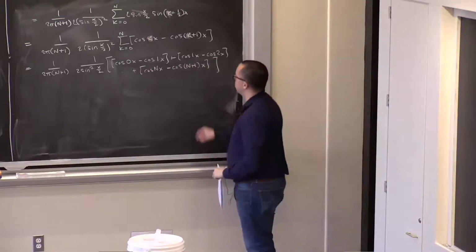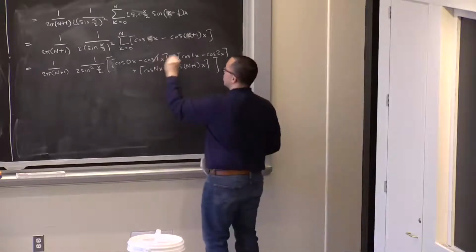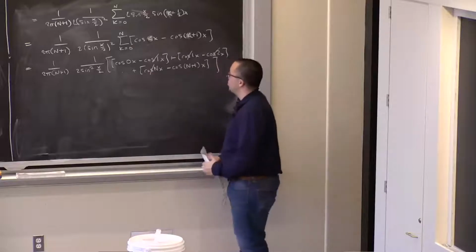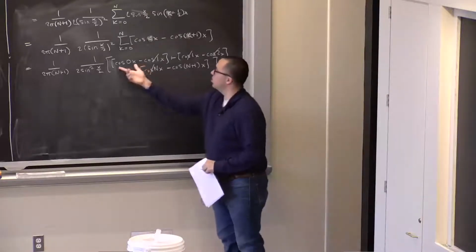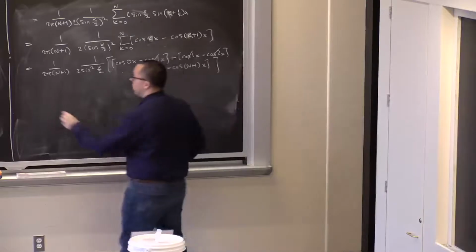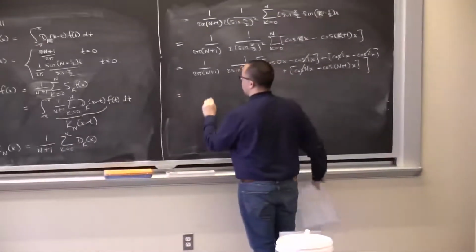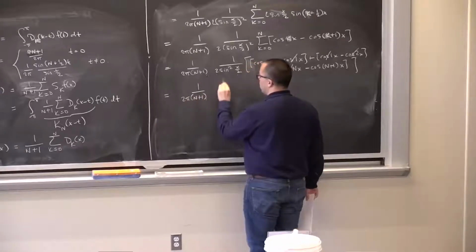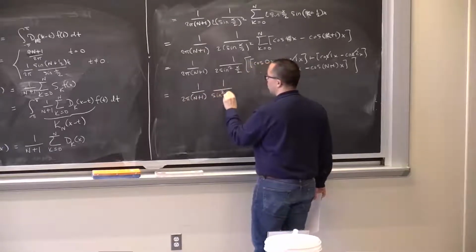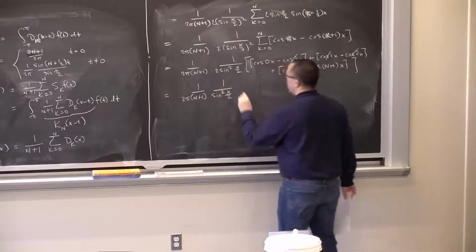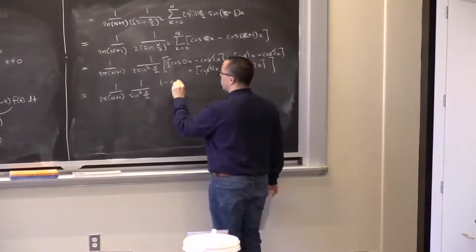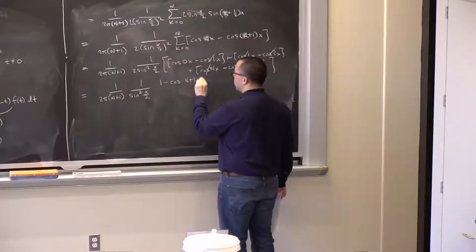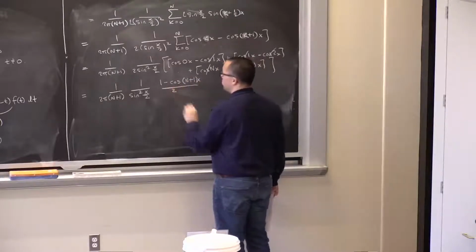So this telescopes, that cancels with this, that will cancel with the next, and so on, and that last one will cancel. All that we're left with is this one minus this one, divided by the 2 that I have right there, and I get 1 over 2 pi times n plus 1 times 1 over sine squared x over 2 times 1 minus cosine (n plus 1)x over 2.